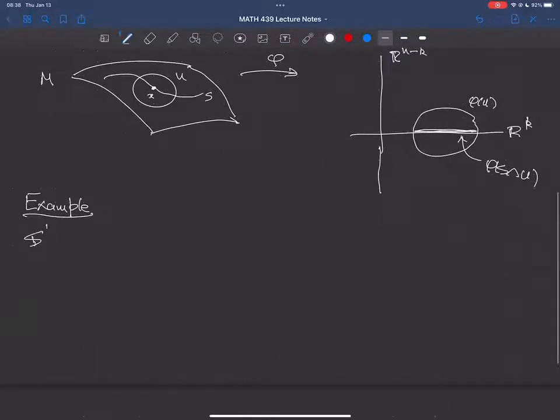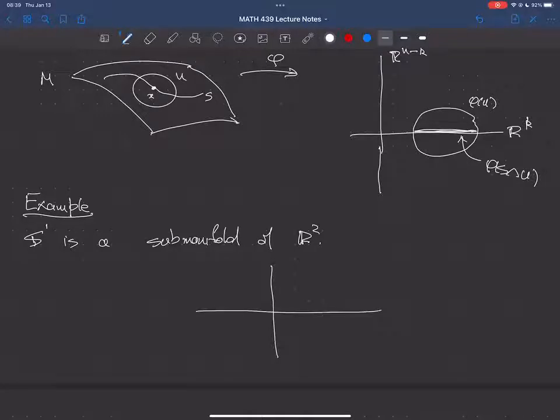So we're going to show that S1 is a submanifold of R2.